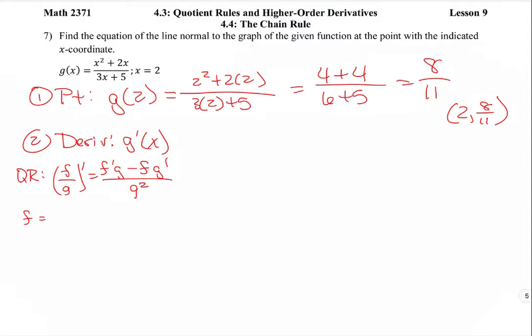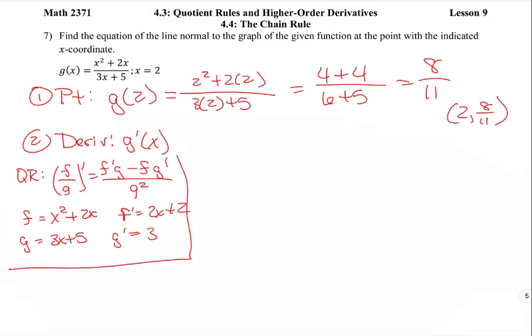So f equals x squared plus 2x. So f prime equals 2x plus 2. And g equals 3x plus 5. So g prime equals 3.